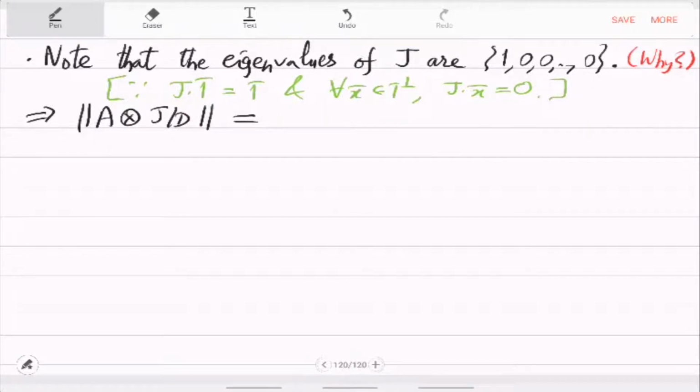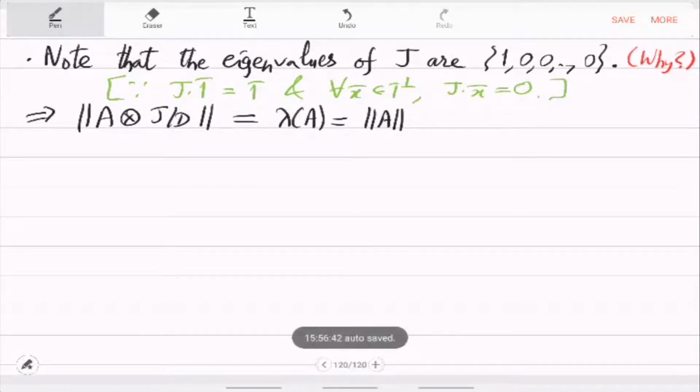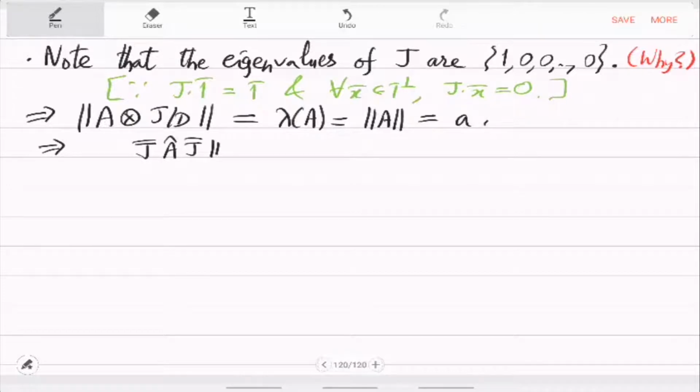So, hence overall the second largest eigenvalue will remain that of A, which is equal to A. And so, we know now that J bar A hat J bar's norm is A.